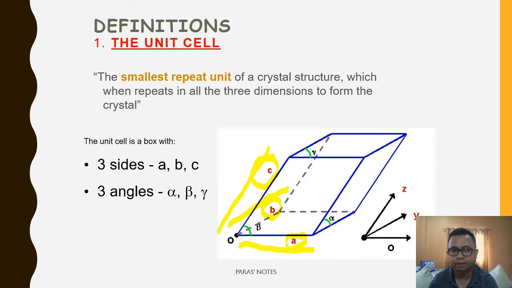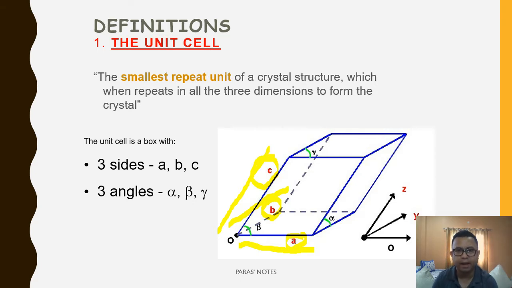Now you can see this line as well as this line, these are what we call the edges of the unit cell. There are different edges, and between two different edges they make an angle with each other.